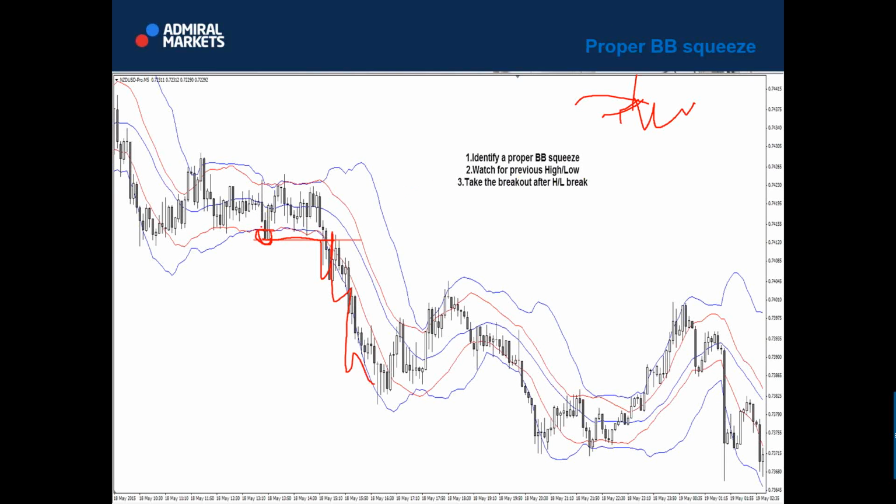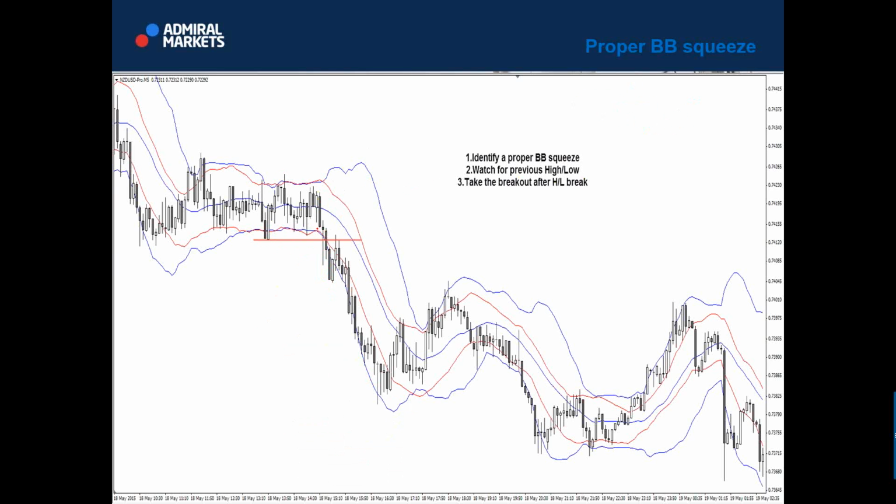This was obviously the previous low, and this was the previous high, and usually there will be a breakout which will be followed also by the Bollinger Band lower or upper line breaking through the Keltner channel.